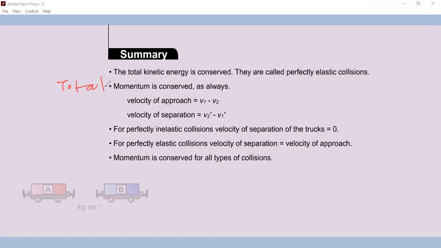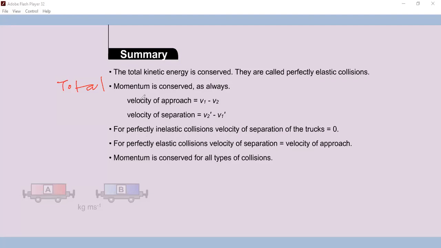For a perfectly inelastic collision, the velocity of separation is always equal to 0. And in an elastic collision, the velocity of separation is v2 minus v1, final.